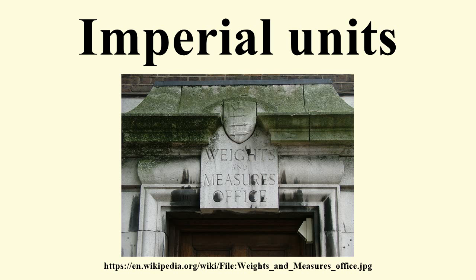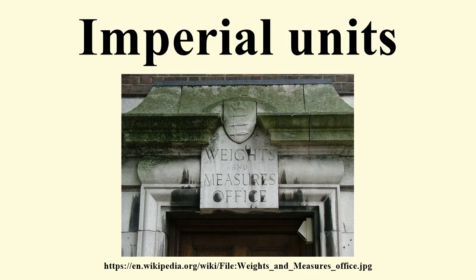level in vacuo was defined as 39.01393 inches. And, for the pound, the mass of a cubic inch of distilled water at an atmospheric pressure of 30 inches of mercury and a temperature of 62 degrees Fahrenheit was defined as 252.458 grains.